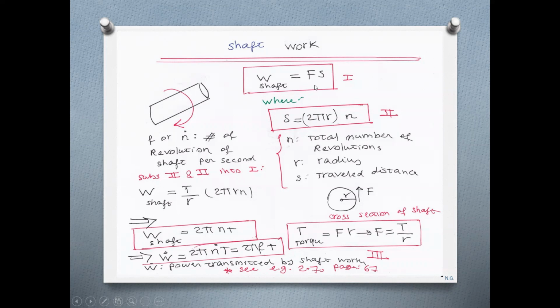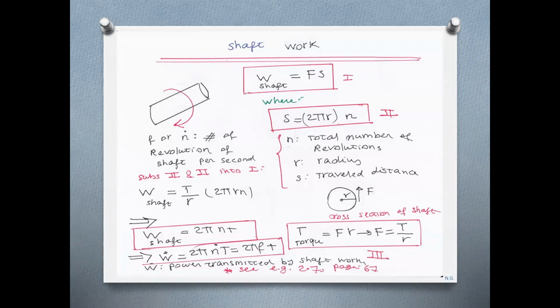So we can substitute for F using equation number 3. This is equation number 1, which is the pure definition of work. This is equation number 3, where we write F in terms of torque and R. And now S. S is the traveled distance.